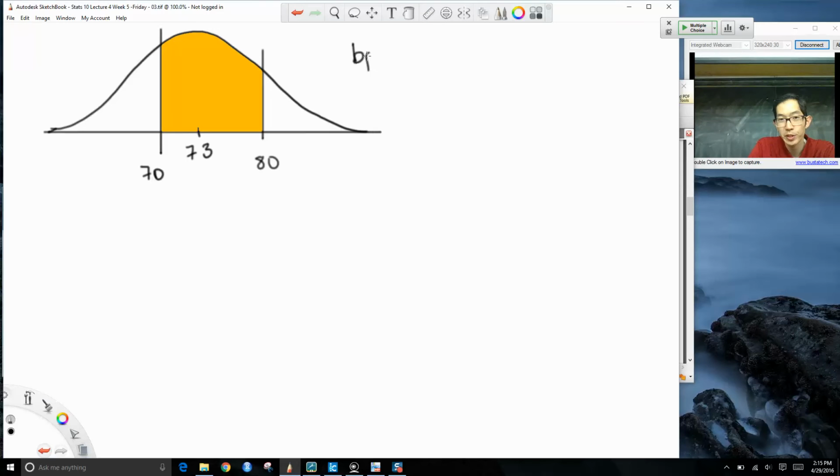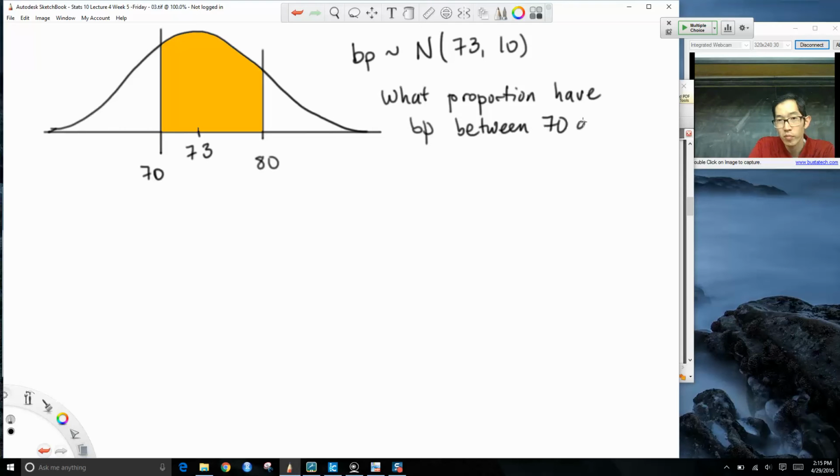We'll say blood pressures come from a normal distribution centered at 73, standard deviation of 10, and we ask, well, what proportion of people have blood pressures between 70 and 80? Okay. And so our answer, we're going to say, well, this is the thing that we want to get.